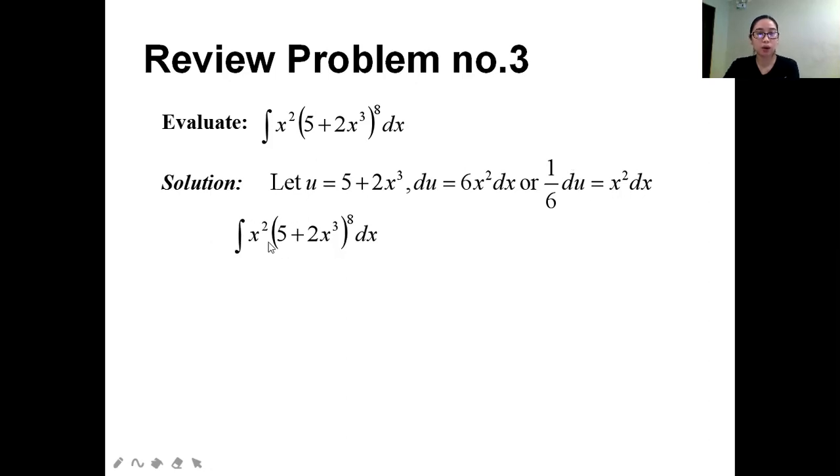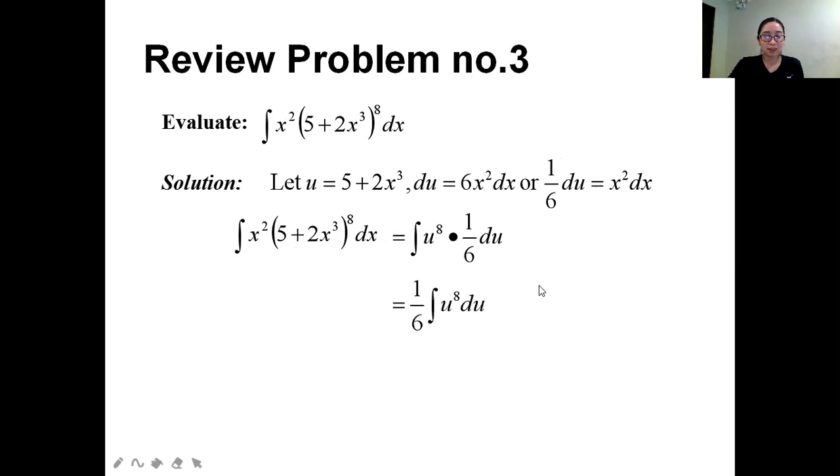So, integral of x squared quantity 5 plus 2x cubed to the power of 8 dx is equal to integral of u to the power of 8, since 5 plus 2x cubed is u. So, u to the power of 8 times x squared dx, which we made equal to 1/6 du.